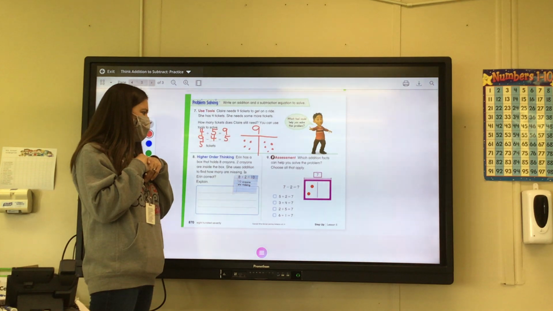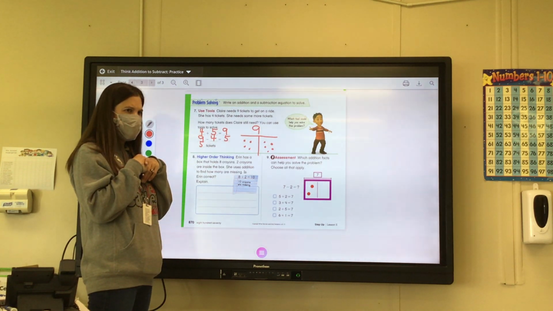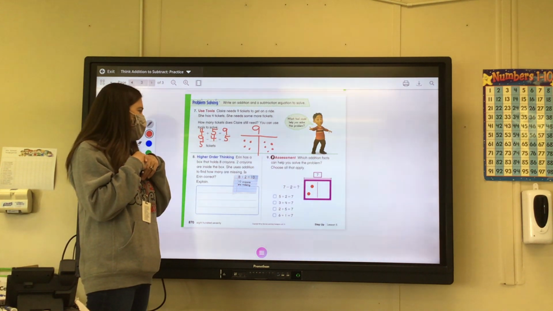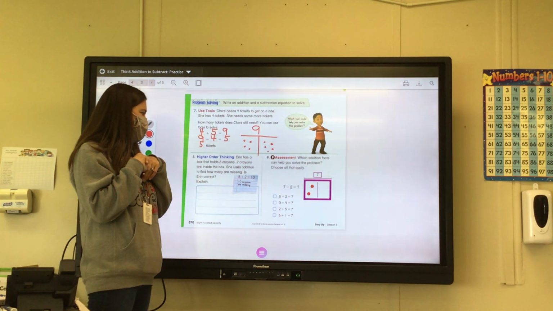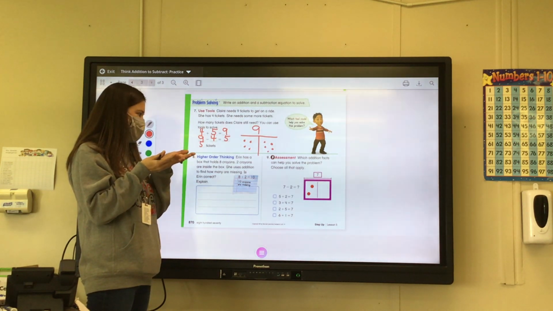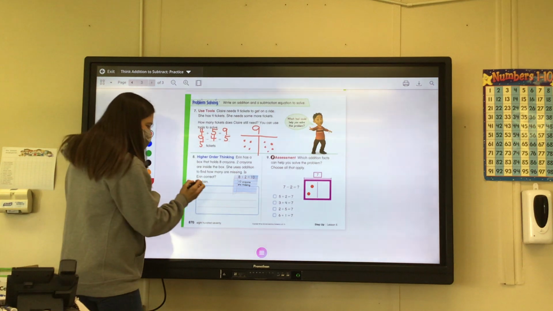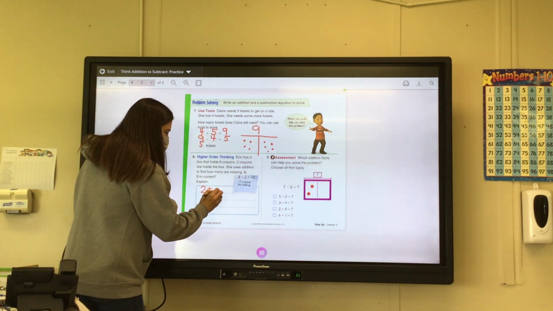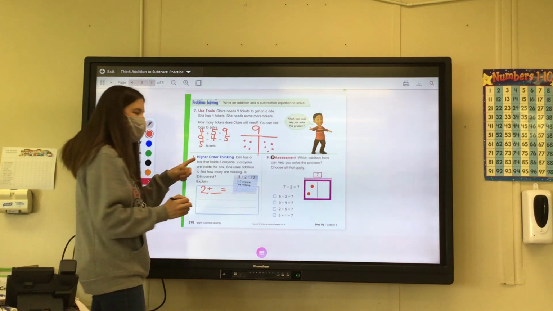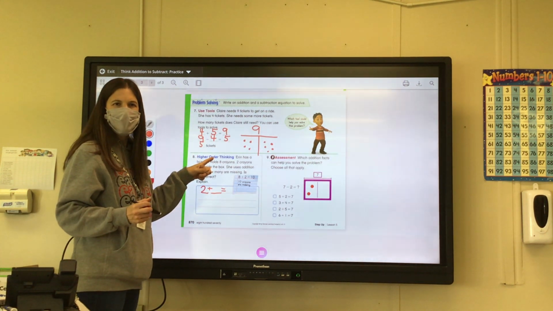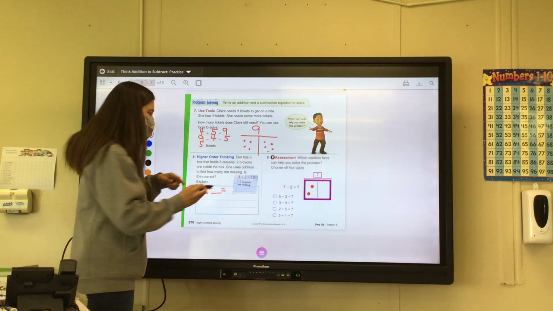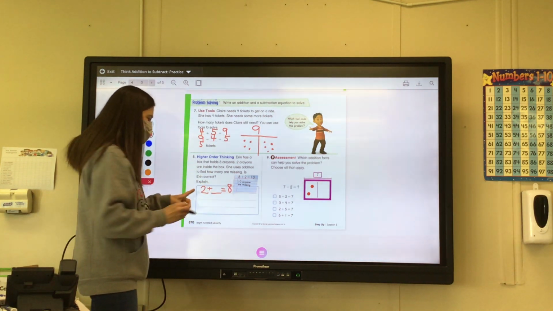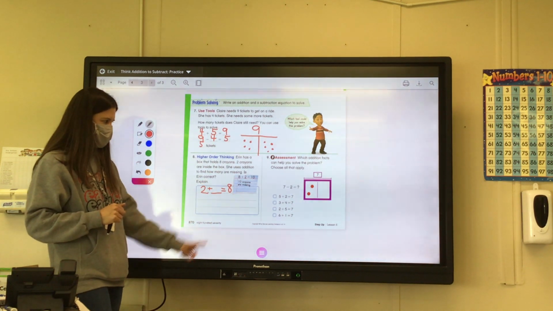Erin has a box that holds 8 crayons. 2 are inside. How many are missing? So we need to take the 2 parts to make the whole. What is the whole? How many crayons did she have altogether? 8, right? So she has 2 plus what equals 8?